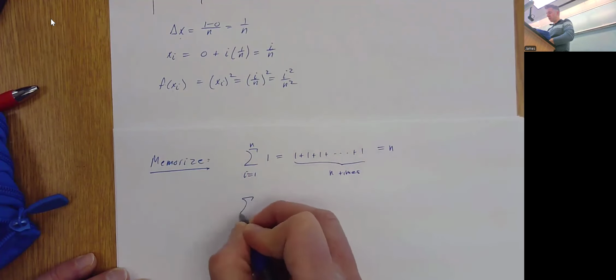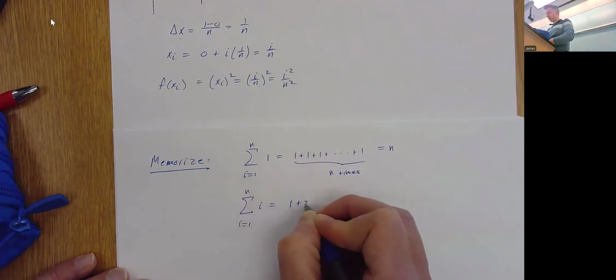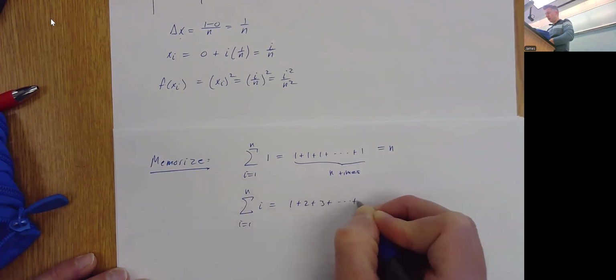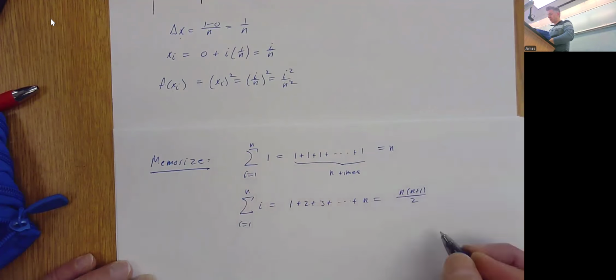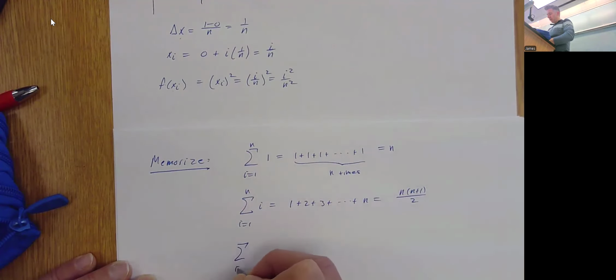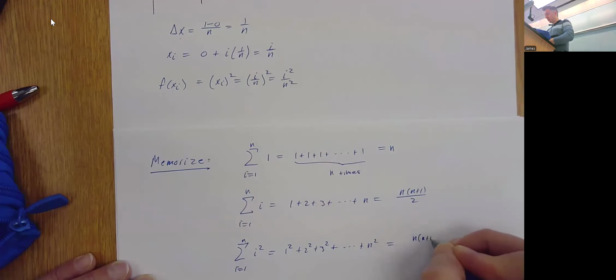The sum from I equals 1 to n of I, 1 plus 2 plus 3 all the way to n, is n times n plus 1 over 2. The sum from I equals 1 to n of I squared, which is 1 squared plus 2 squared plus 3 squared all the way to n squared, is n times n plus 1 times 2n plus 1 divided by 6.